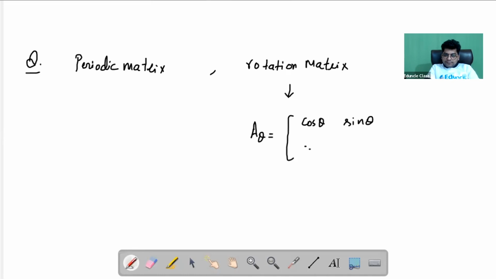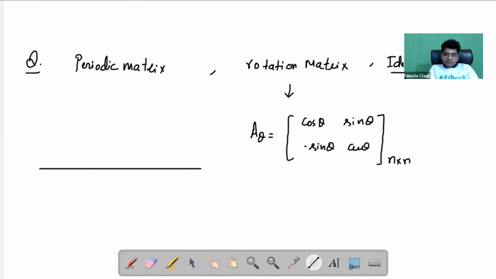Rotation matrix. Let me write it once more. Idempotent. I have to tell you a problem on this. Rotation matrix, you know the geometric interpretation of the rotation matrix we have discussed earlier. Rotation matrix geometric interpretation, you know, yes or no?